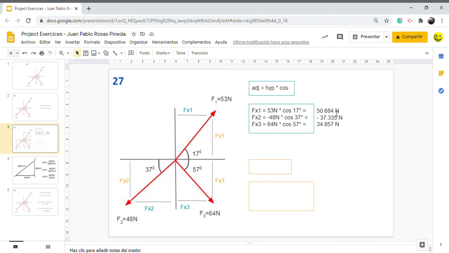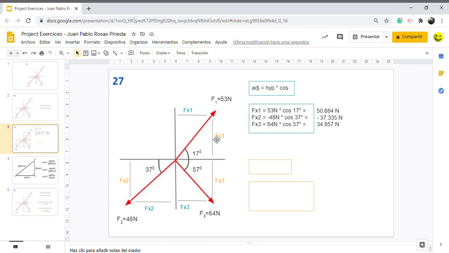Obviously they are bigger numbers, but I've rounded to 3 decimals to save a little bit of space. So you will get for the fx2 minus 37.335 newtons, and for the fx3 you're going to get 34.857 newtons. We're going to leave it like this just for a second. Now we're going to do the fy ones.